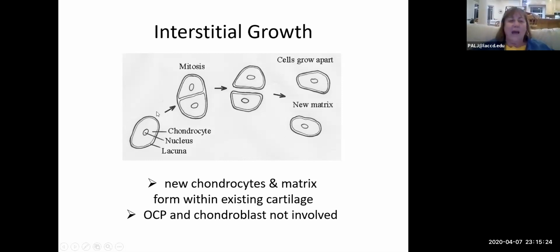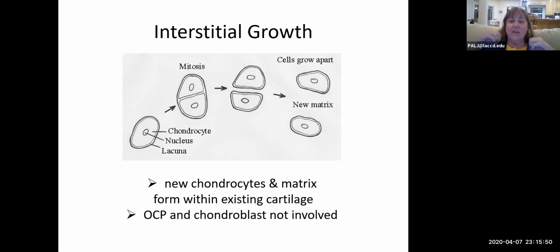And so what happens is a chondrocyte that was minding its own business, just maintaining its house, undergoes mitosis. And now there's 2 of them sharing the same lacuna. And they're not happy. Nope. It was supposed to be a private studio apartment for 1 cell only.